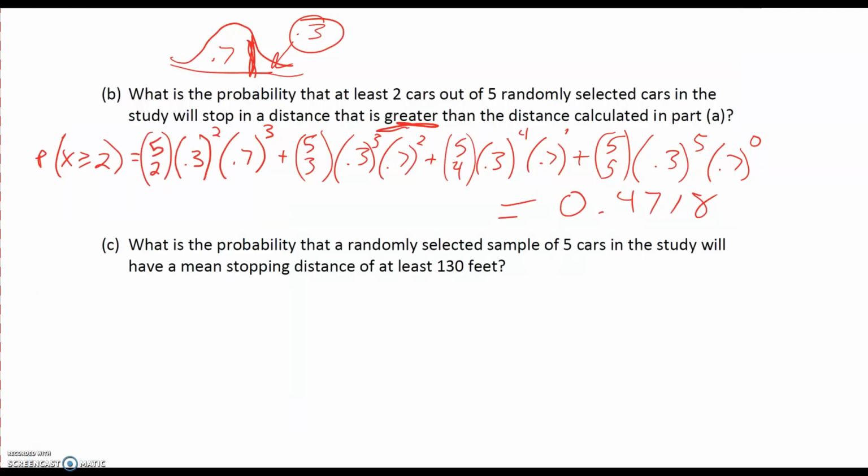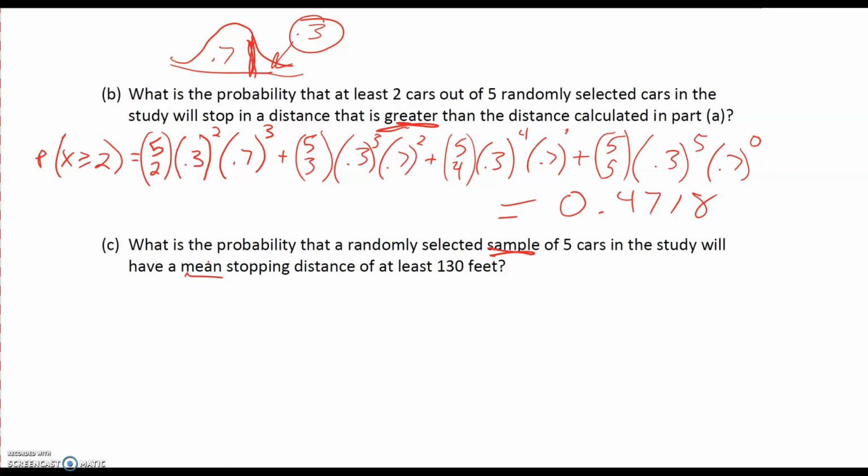Okay, part C. Yeah, it's kind of a long video, but here, let's see if we can get part C. Okay, here we go. What is the probability that a randomly selected sample, so catch on to that. What is the probability the randomly selected sample of 5 cars in the study will have a mean stopping distance of at least 130 feet?